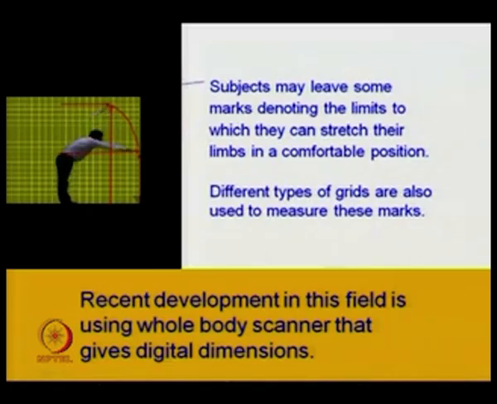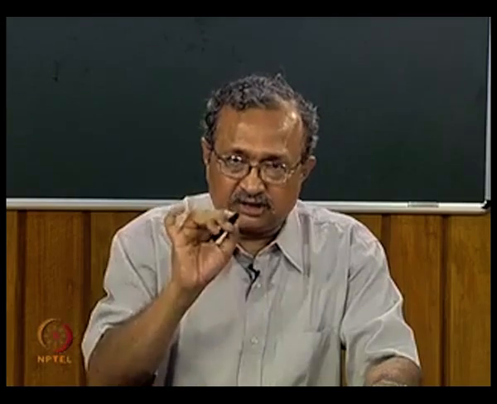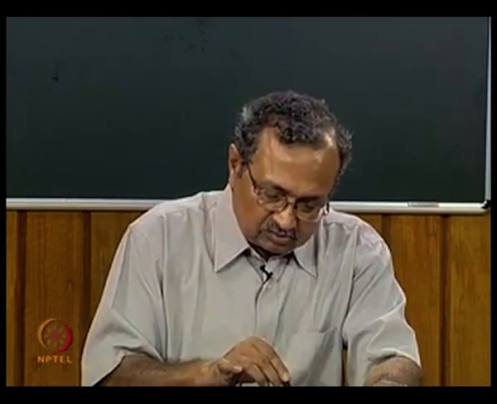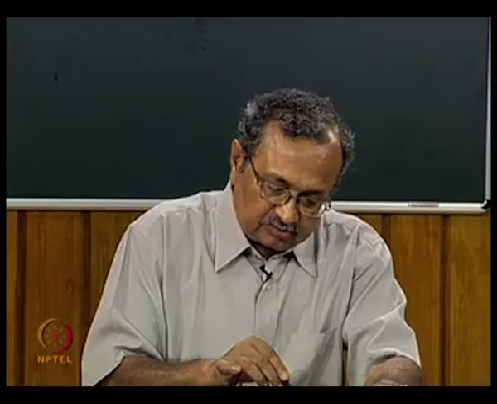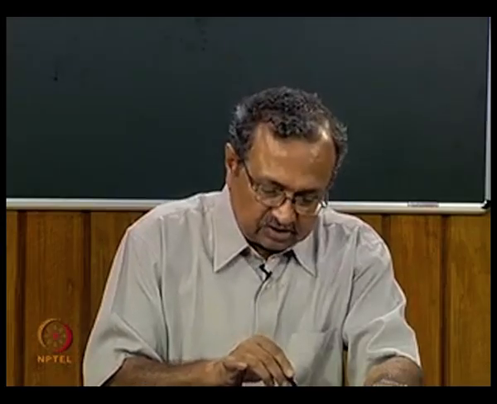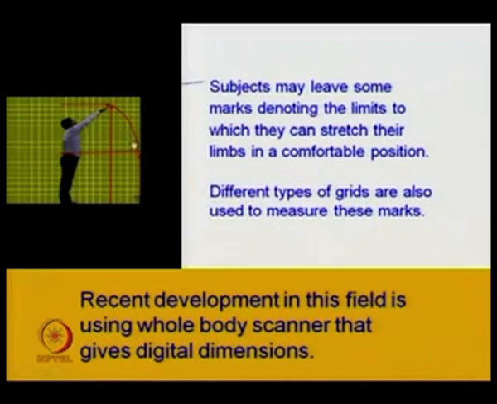Like, if he has a chalk or a marking device on his hand, while doing this activity he can put marks on this grid, so that one can measure the total arm movement pattern directly on this. So, different types of grids are also used to measure these marks, means with this height, length from the axis, the body axis etcetera, one can measure.